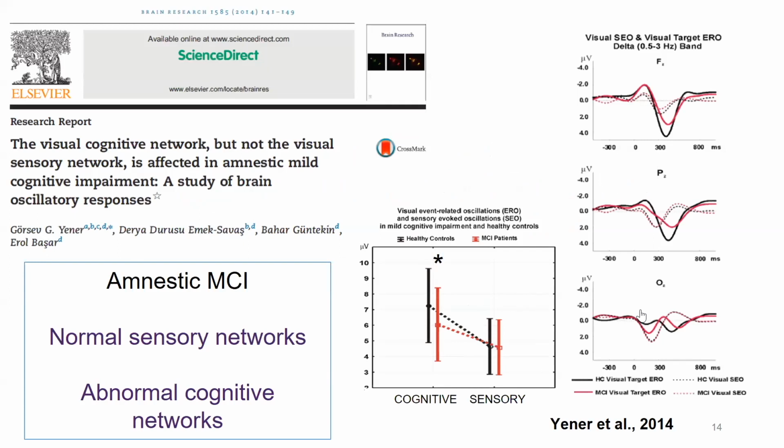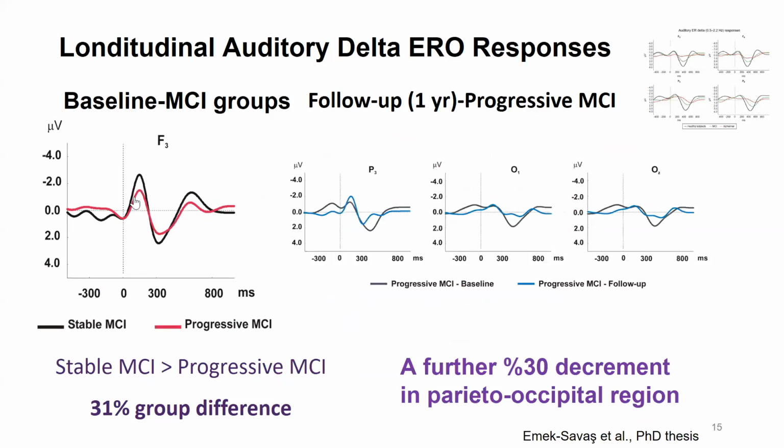You can see the difference between stable MCI versus progressive MCI, about a 31% decrement in progressive MCI at baseline. And if you follow progressive MCI from baseline to 1 year, you can see a further 30% decrement over time.